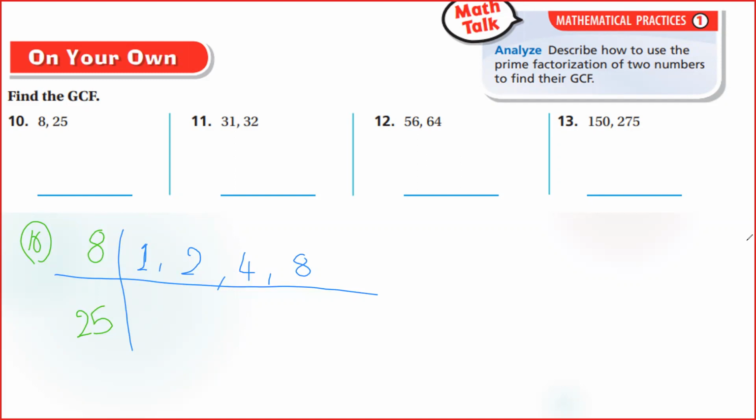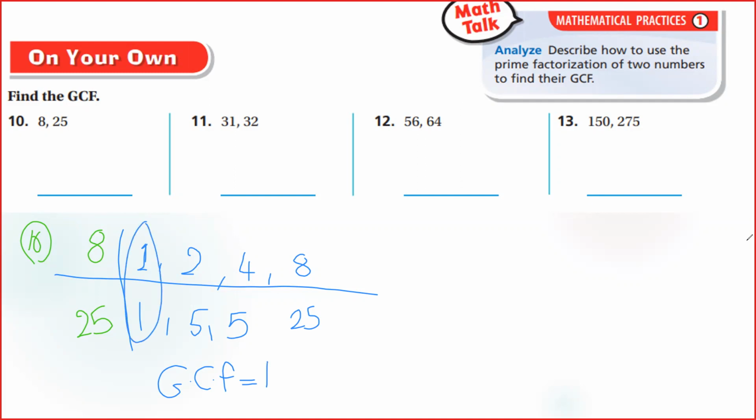That's it. 25: 5 and 5. Bravo. Now, what is the greatest common factor here? 1. So, thank you, Juri.